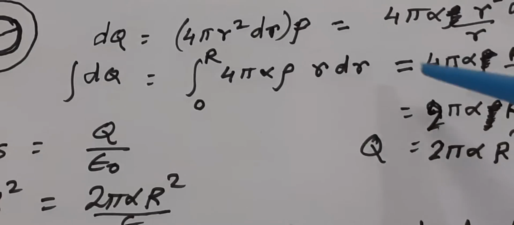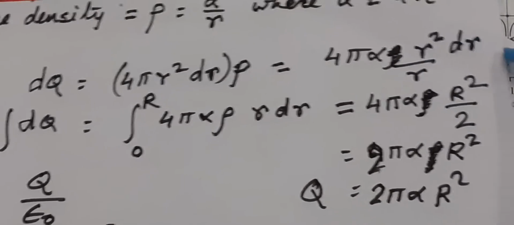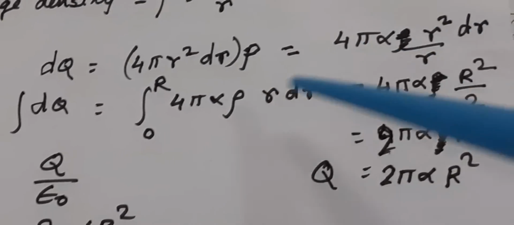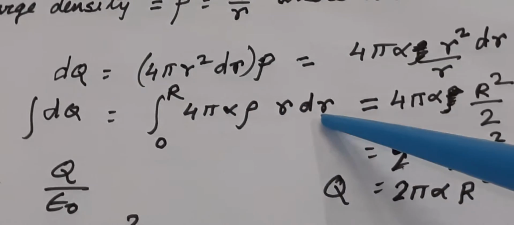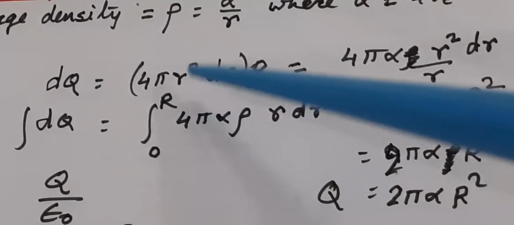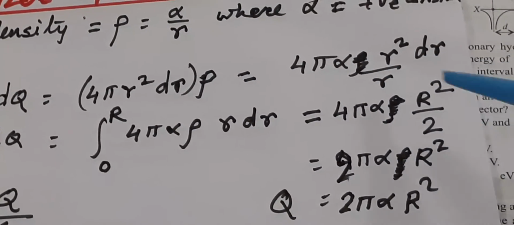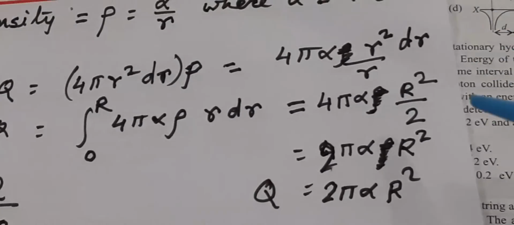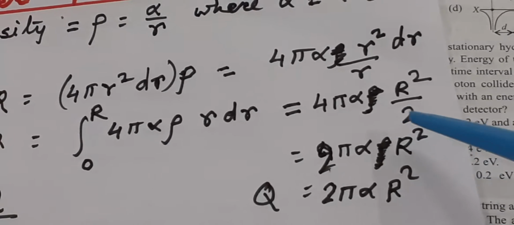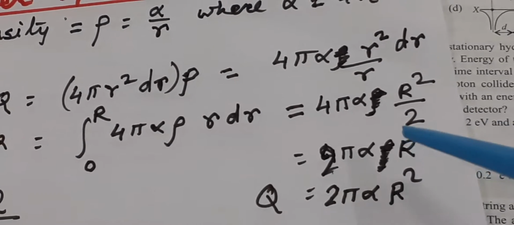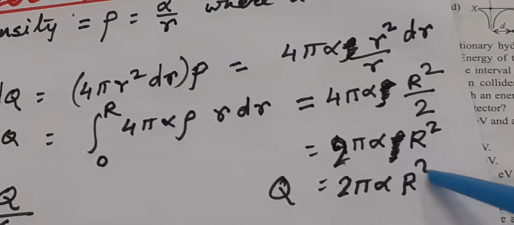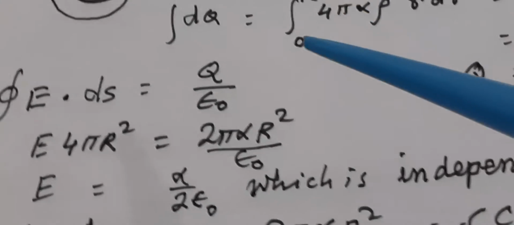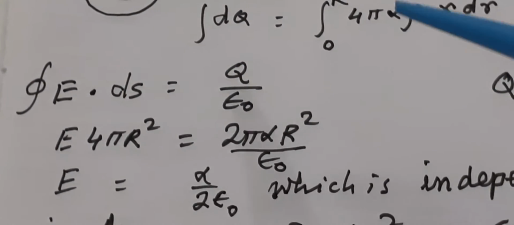Substituting, we get 4 pi alpha r dr. Now integrating from 0 to capital R we get 4 pi alpha into r square by 2. That means 2 pi alpha r square is the amount of charge present on the whole sphere distributed from the center.